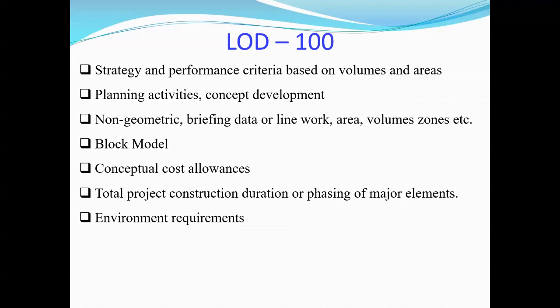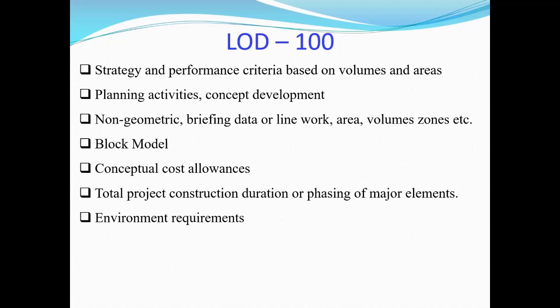So in the 100 series model, if you say our model is 100 series, then people know, okay, this model is just volume areas. The model may not have accurate geometry, right? So it's not suitable for detailed quantity takeoff. It's only suitable for high level quantitative. Like sometimes, when we do the cost comparison, right?